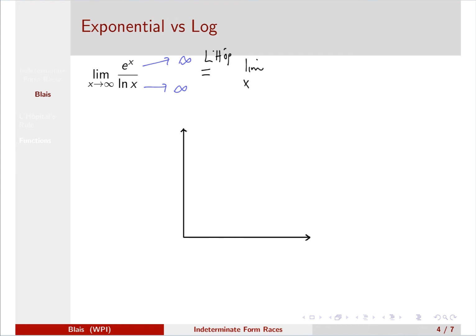And so the limit of that quotient is the limit of the quotient of the derivatives of the numerator and the denominator. So the derivative of e to the x with respect to x is e to the x. The derivative of natural log of x with respect to x is 1 over x. This becomes the limit as x goes to infinity of x e to the x. You have a product of two terms that are both going to infinity.